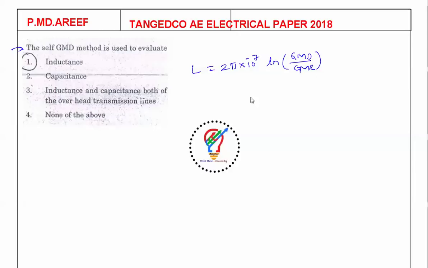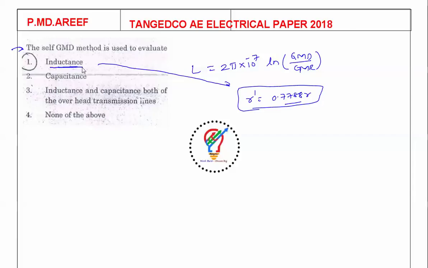Generally we write R dash here, and R dash is nothing but 0.7788 R. This is the important formula in case of inductance. If you take the same formula for capacitance, we use only the conductor radius here. So the self GMD method is used to evaluate inductances only, not capacitances.